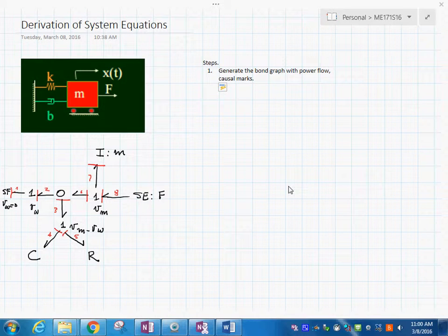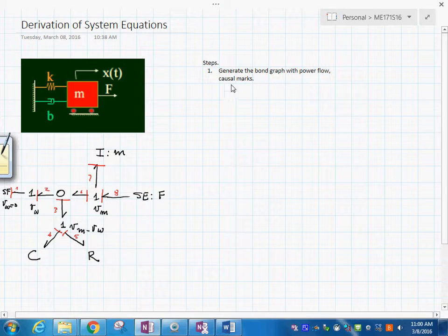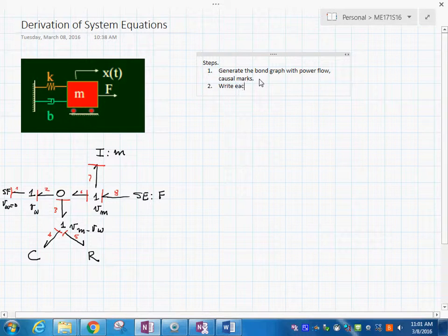Okay, so I'm going to disappear here, and as you can see, I wrote: generate the bond graph model with power flow and the causal marks. This is what we have done right now. The next step that we're going to take is to write each constitutive equation for each element and each connection. Very good.